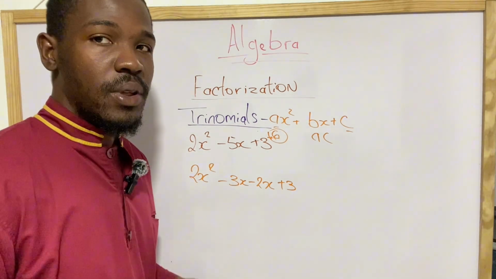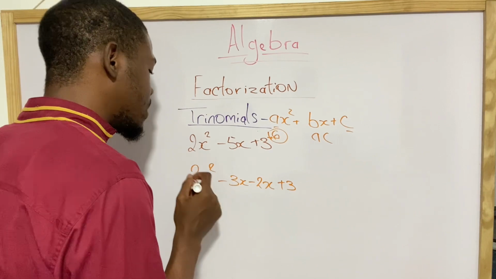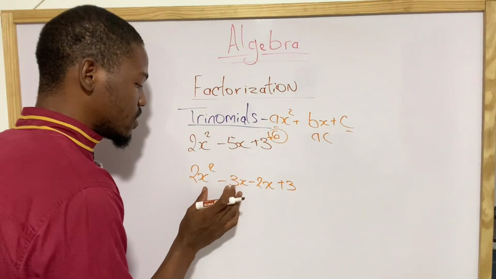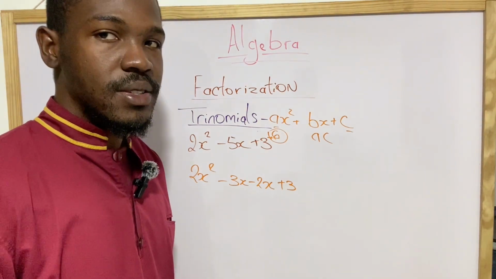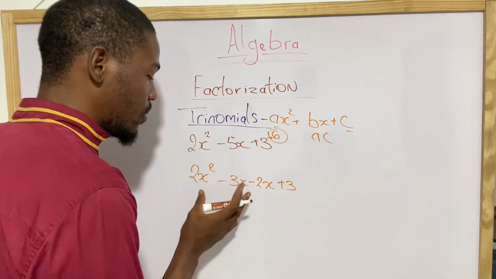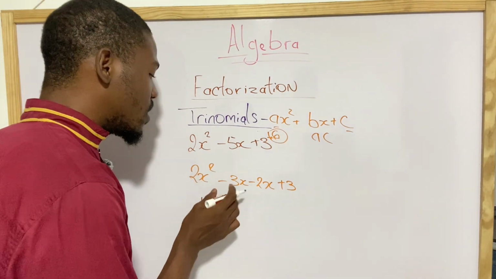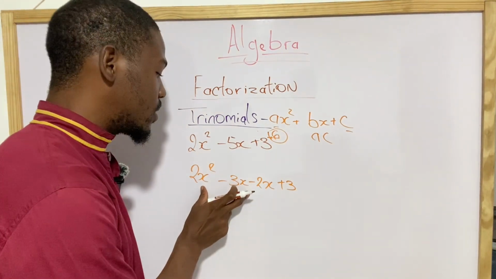So again, we now have our quadratic expression. When you look carefully, we're just going to work out these two. What is common between 2 and 3? Only 1 is the common factor between 2 and 3, so there's nothing else to take out but the 1. But we see that the variable x is common among both terms.